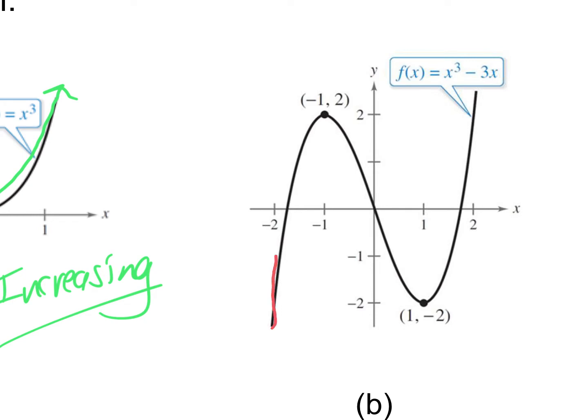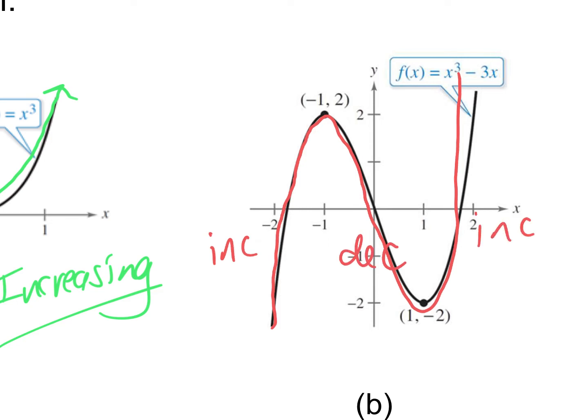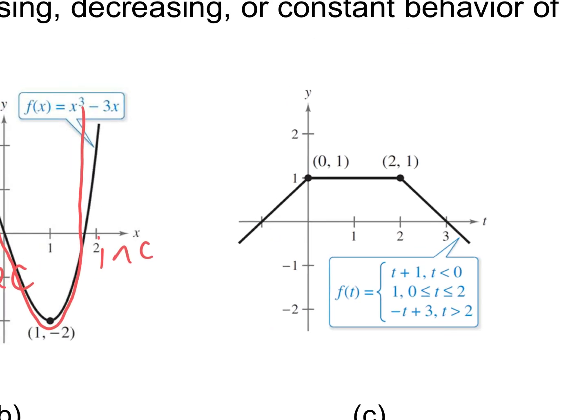What about this graph? It's what? Increasing, then there you go. So increase, decrease, increase. Good. Just getting terminology. We'll talk about end behaviors of a graph, what the ends of the graph are doing, later on. But right now we're just talking about the behavior of the graph itself.